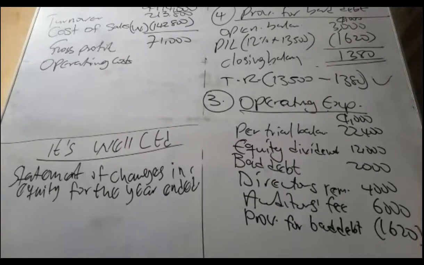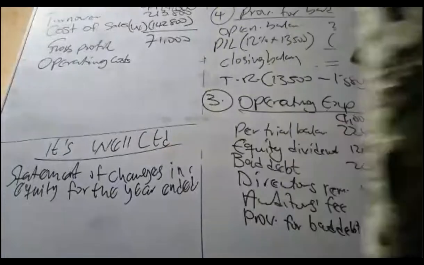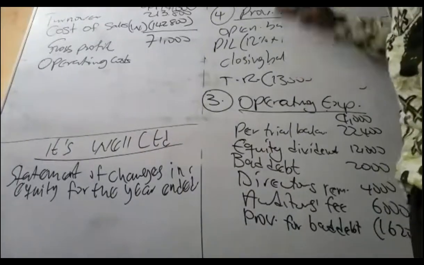Workings number 5: profit or loss on disposal. So workings within workings.